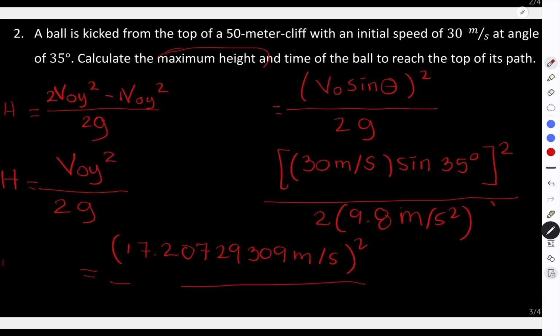Then that is 9, I'm sorry, that is 19.6 meter per second squared.